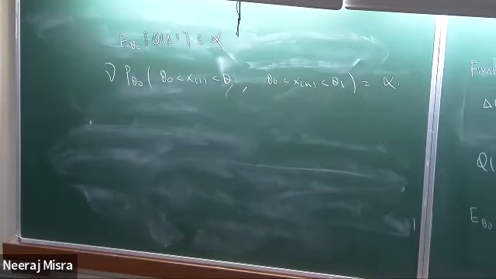Is that okay? You can calculate this under H naught, because under H naught theta 0 and theta 1 both lie between 0 to 1.